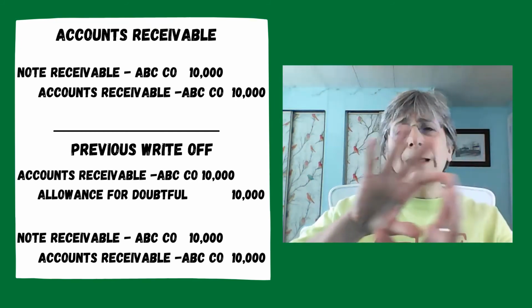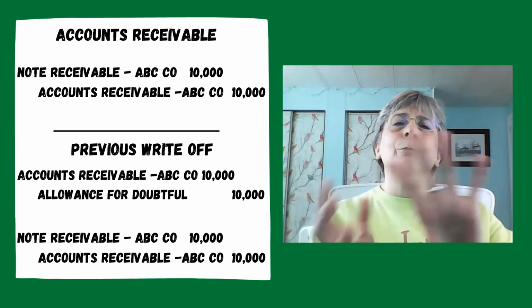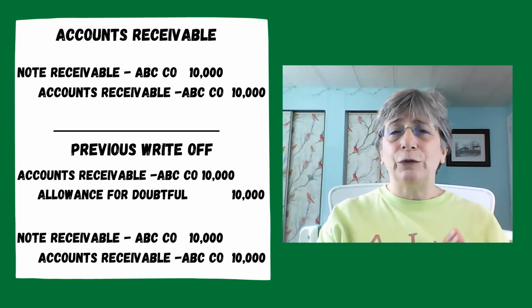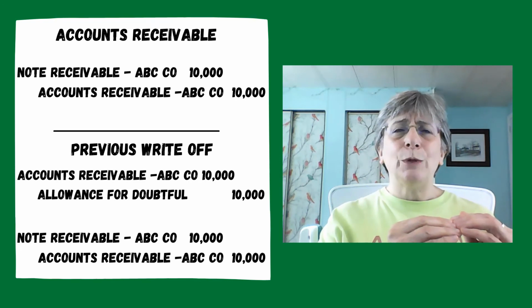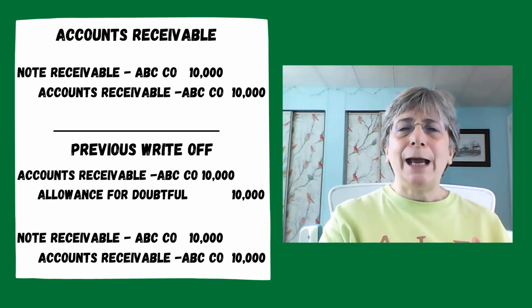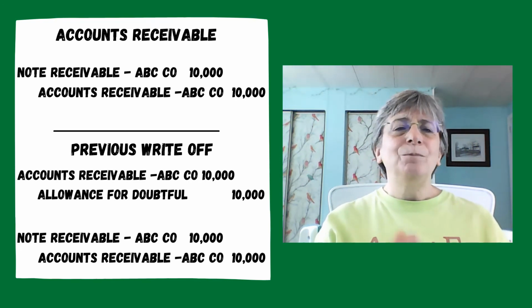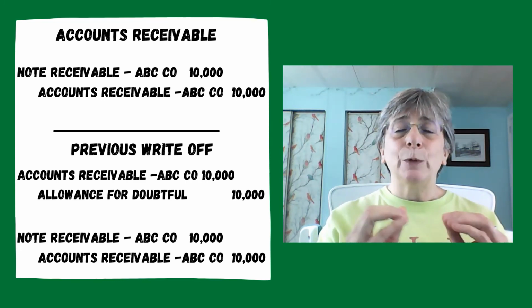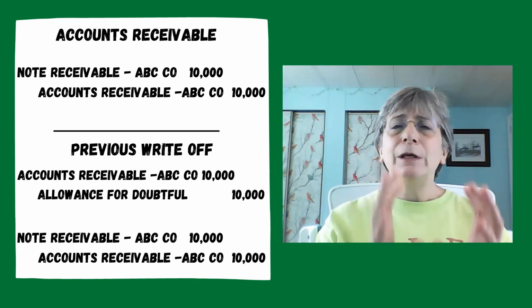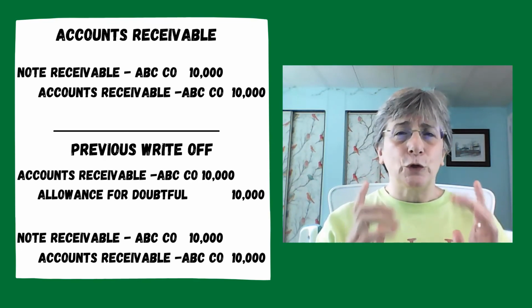So now we've taken it out of accounts receivable and we've moved it into note receivable. Everything else still applies. You'll do the same transactions that we did where it was just a cash loan. The same transactions will happen for interest, and then when the note is paid, everything is still the same as far as the journal entries.